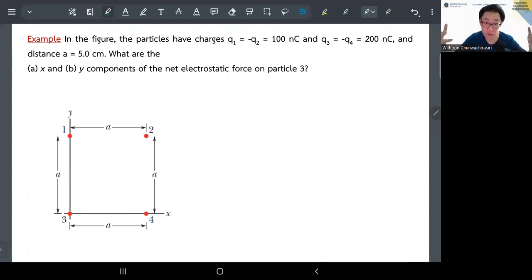You get the 3 vector forces, and then you just do the summation on those. Or you can forget about charge number 3 at the moment and calculate the field due to charge number 1, number 2, and number 4. And then once you get those electric fields, you just multiply by the charge number 3. You get the force as well. Like that.